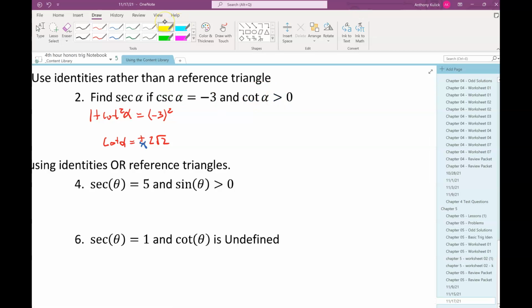So now what I'm going to do is look at my identities for something that relates secant, cosecant, and cotangent, the 3 pieces that I have. I think the obvious one there is the second quotient identity that says cotangent alpha is equal to cosecant alpha over secant alpha.